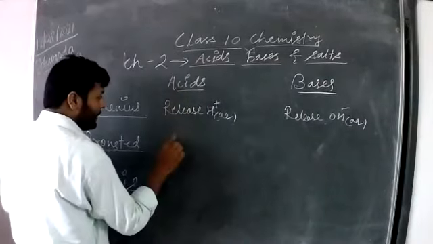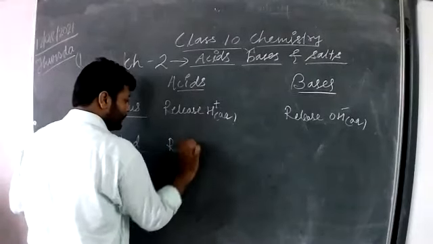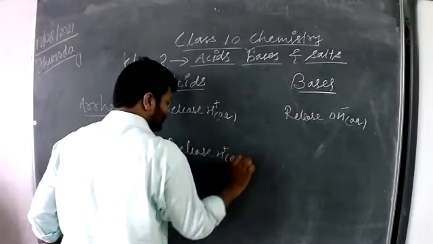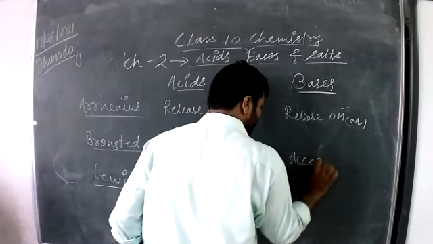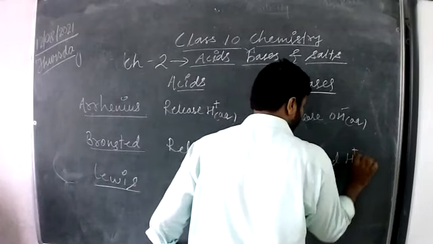So according to Bronsted, an acid releases H plus and a base accepts H plus.